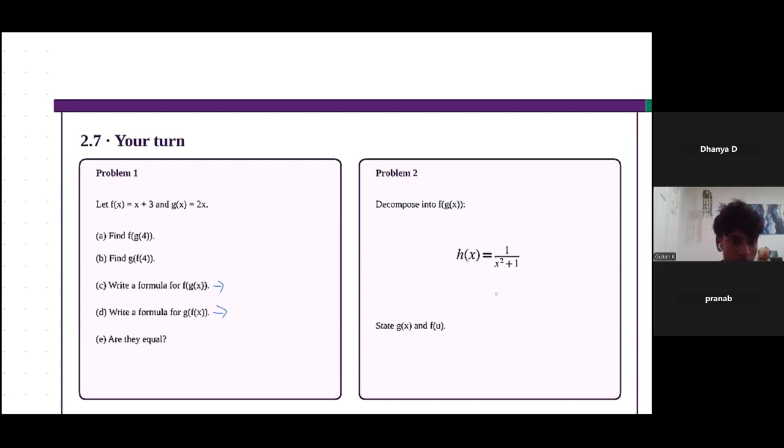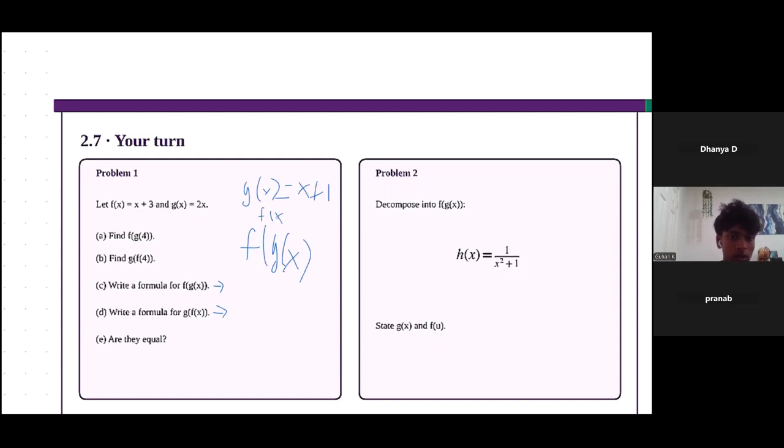And over here, when you're writing a formula, what that really means is, for example, f of g of x. Let's say that g of x equals x plus 1, f of x equals x squared.